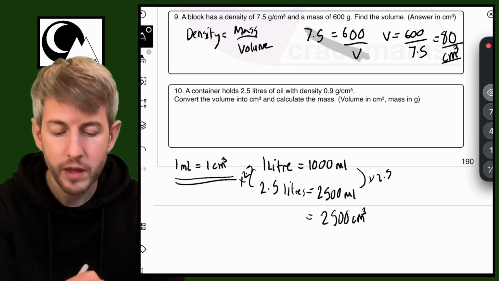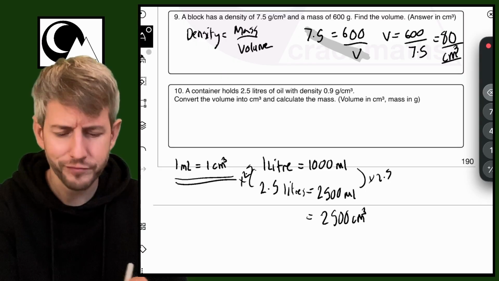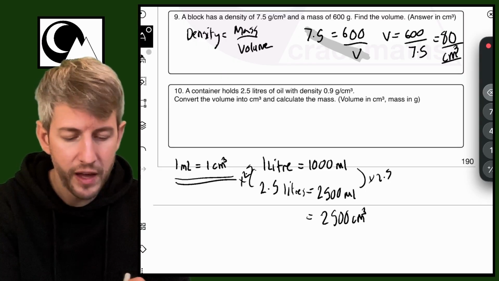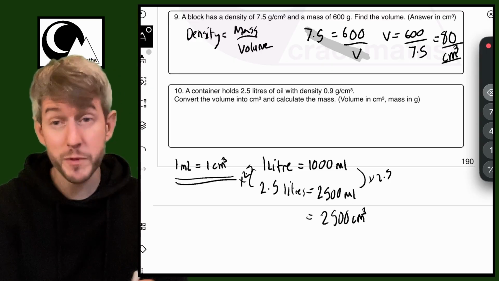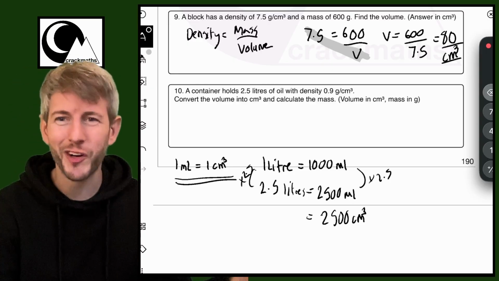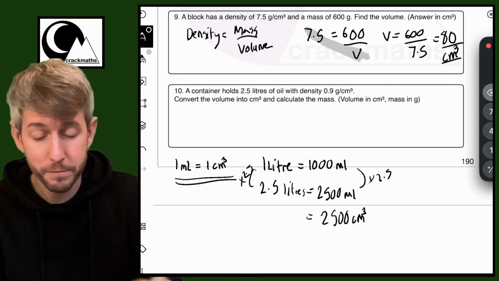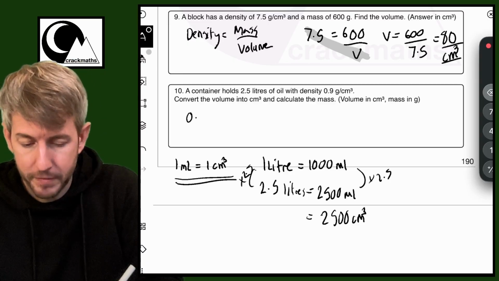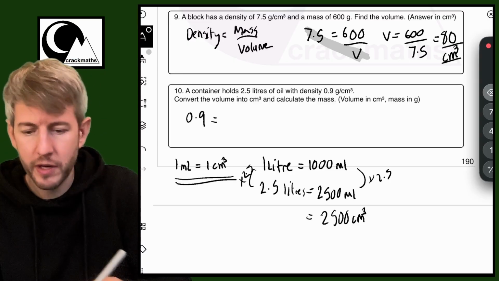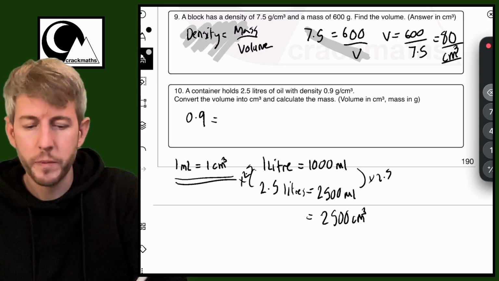Okay, right. So there we go, we've got the volume now. The density we've been given is in grams per centimetres cubed, which is good because we've now got our volume in centimetres cubed. So let's have a look here. We've got 0.9 is our density. I'm going to just reuse this formula from up here.